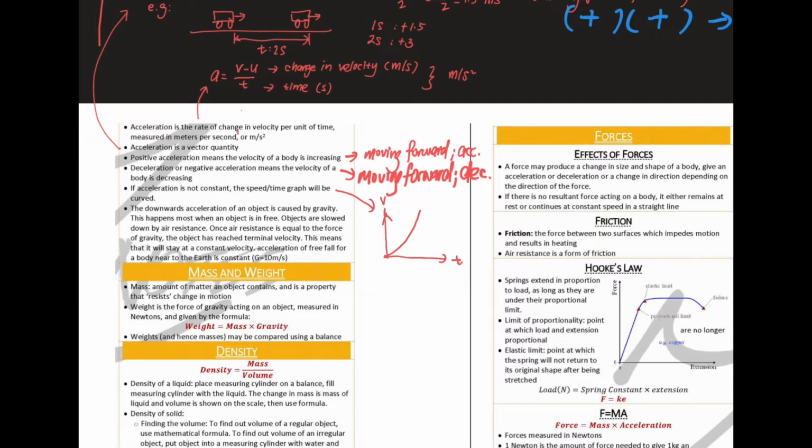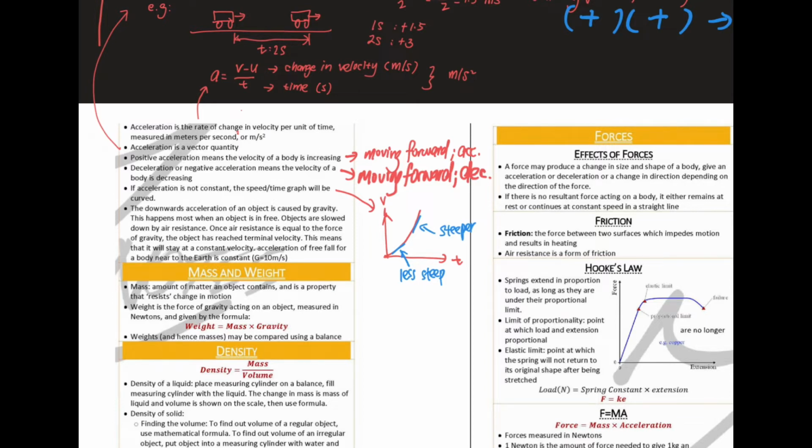Of course the concept behind it is, I hope you still remember, the gradient is the acceleration. You see the gradient is changing from less steep to steeper. So the gradient that represents acceleration is hence changing also, increasing also. So acceleration is not constant.